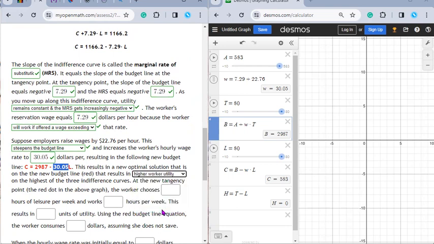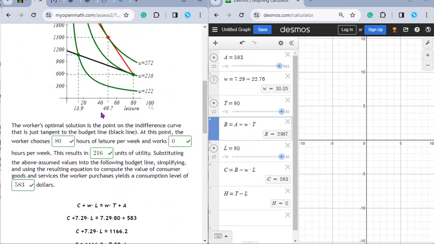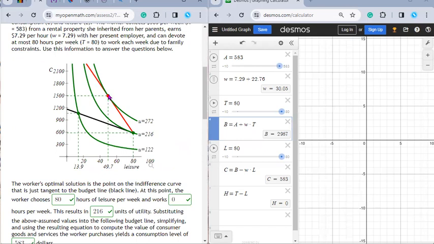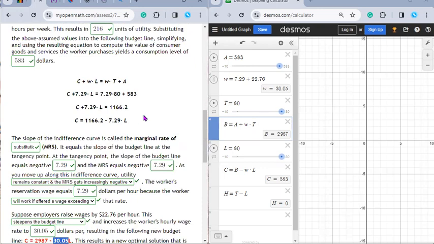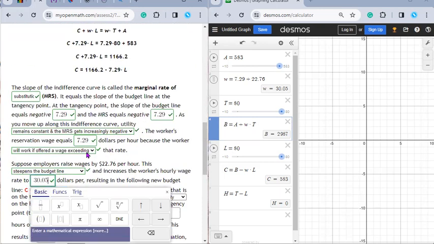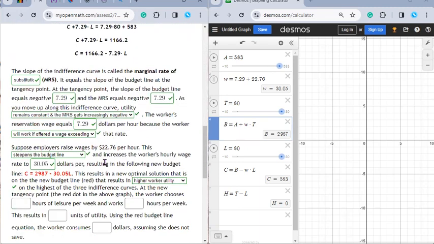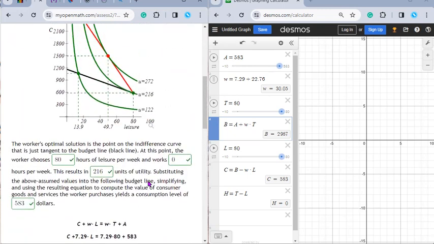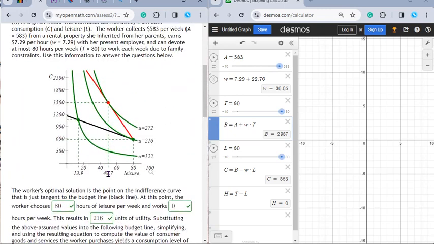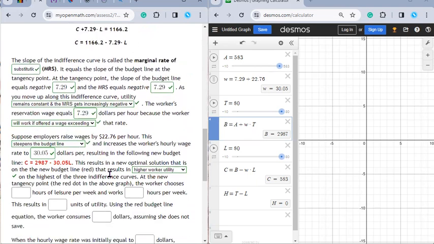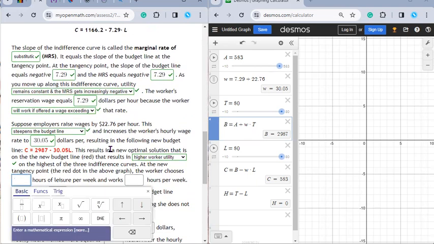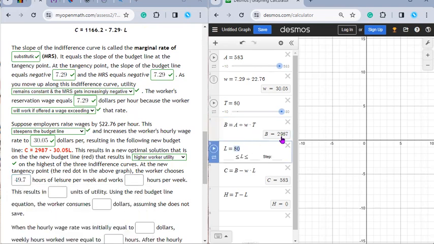So higher worker utility. We're at this point here, and our utility is now 272, not 216. So we have higher utility. And our leisure level is 49.7, so I'm going to change my leisure here to 49.7.